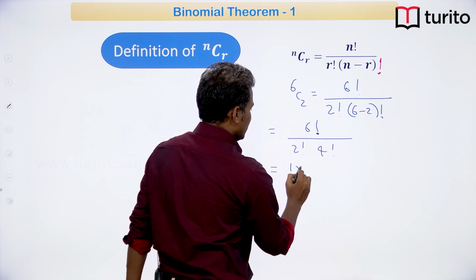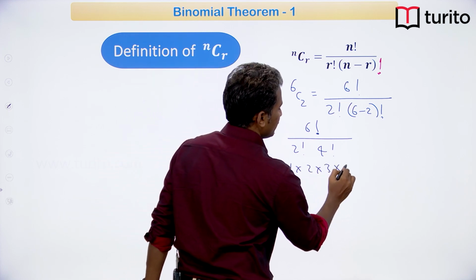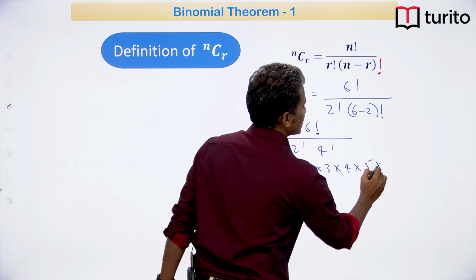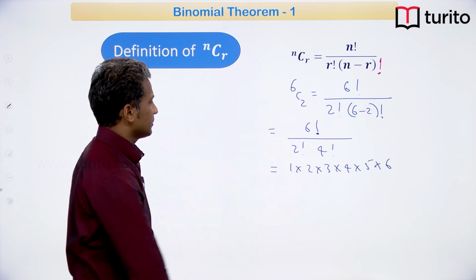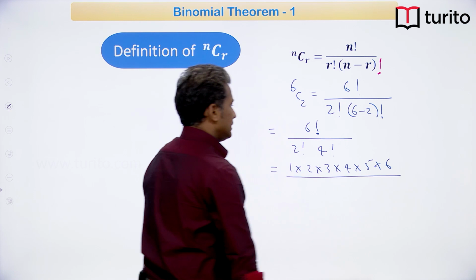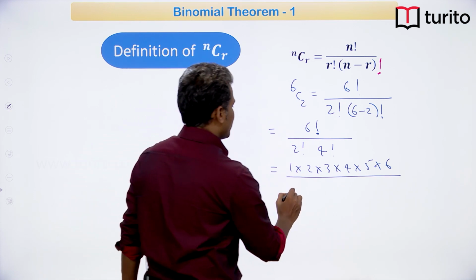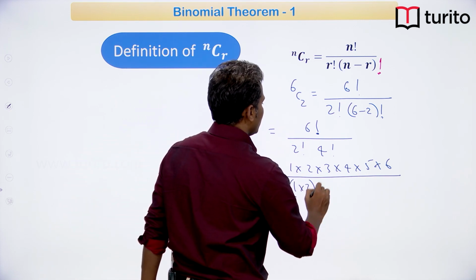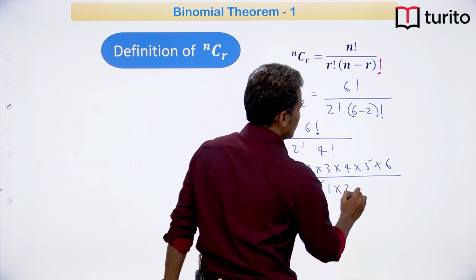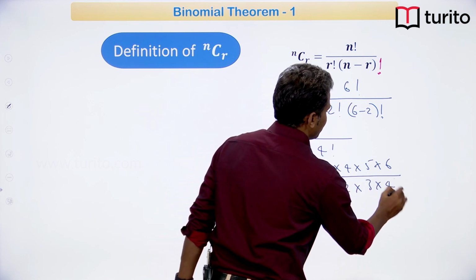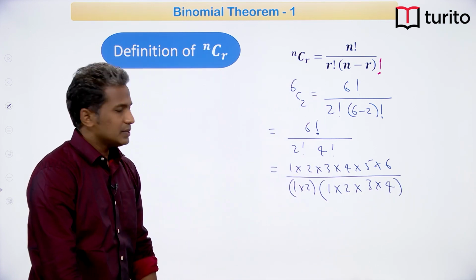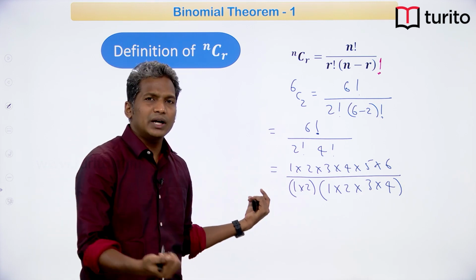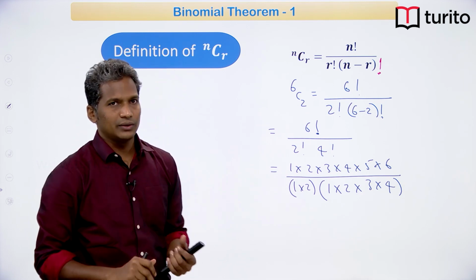So 6 factorial means starting from 1 we have to go till 6, okay, we have to take the product of all of them, and then divided by 2 factorial, which means 1 into 2, and 4 factorial means 1 into 2 into 3 into 4, okay. So now cancel out whatever is required and then you can calculate the value.